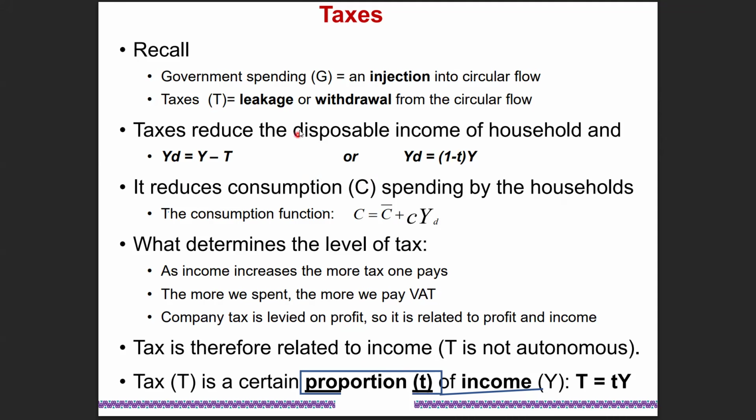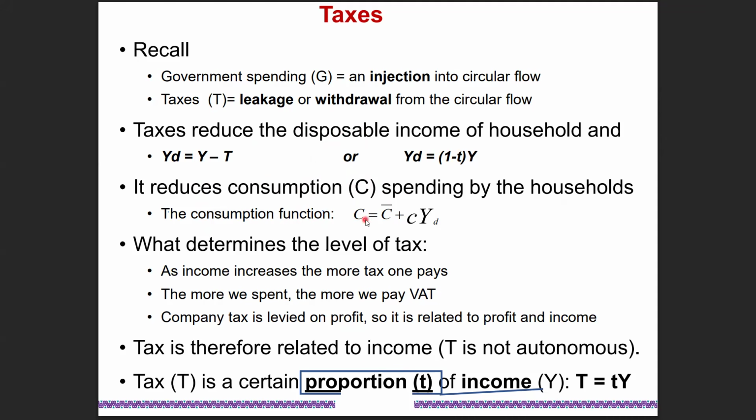So taxation will reduce disposable income, which essentially reduces consumption expenditure by households because taxation reduces the amount of money that is available, right? That the consumer can use.